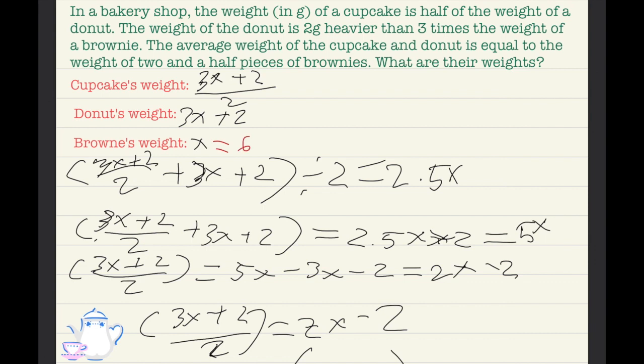So it equals 6g. I forgot. So then the donut's weight is 6 times 3, which equals 18, then plus 2. That equals 20 grams. Then the cupcake's weight is 20 divided by 2. That equals 10.